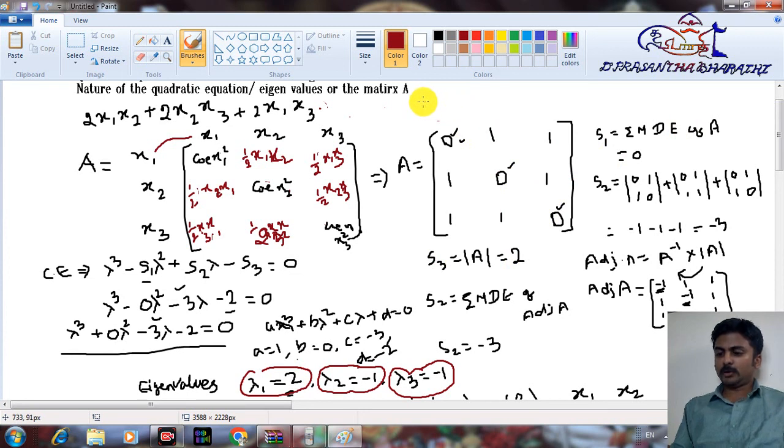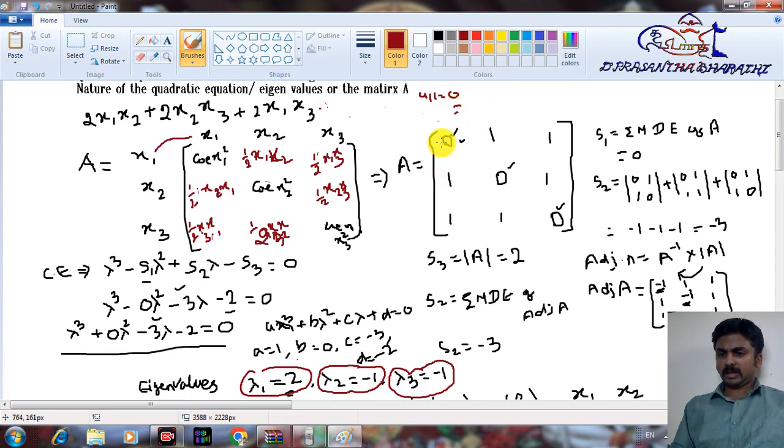We want to write the minors of the main diagonal elements. The first one is A11, and here A11 equal to 0.